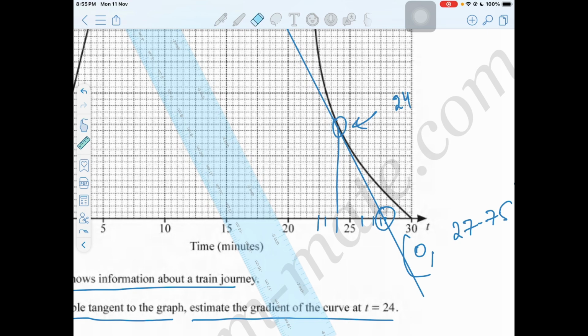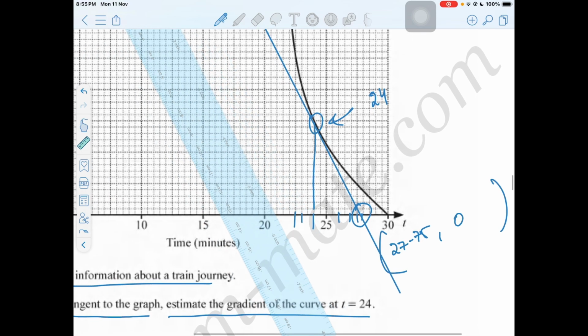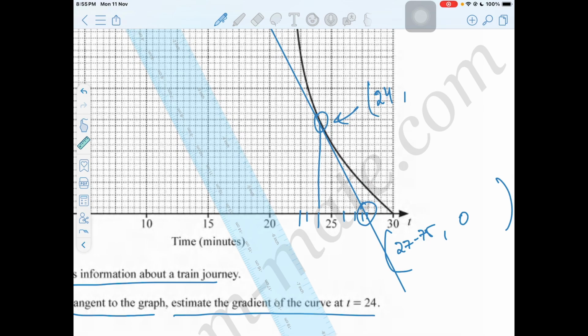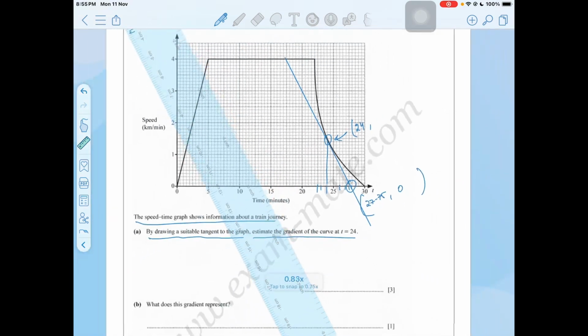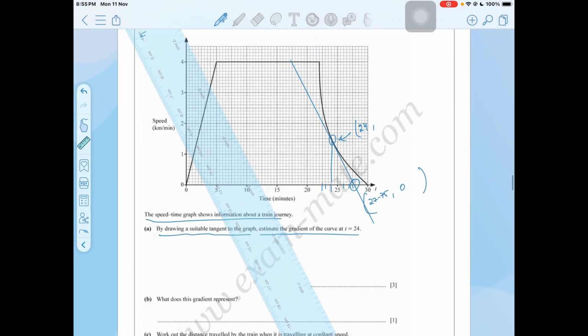Sorry, did we make a mistake? I guess we have 27.75 over here and y as 0, and we'll have 24 as x over here, and our y would be 1.5. This is 1.5, this is 1.2, this is 1.4, and this is something closer to 1.5.